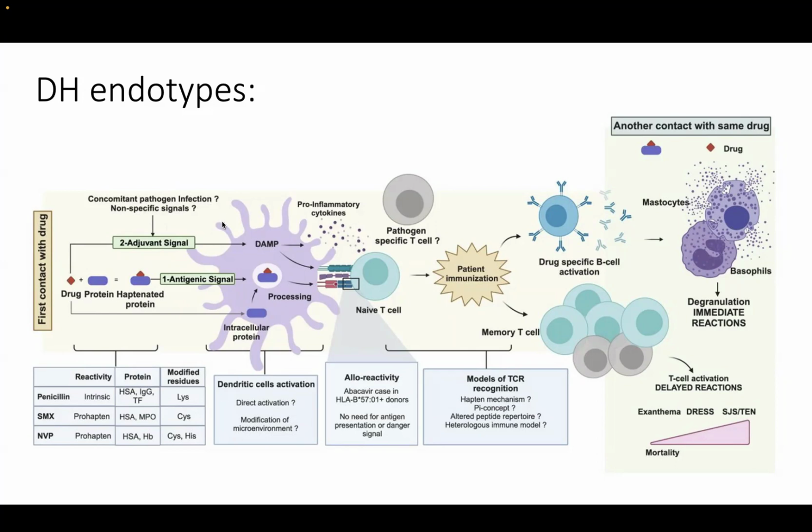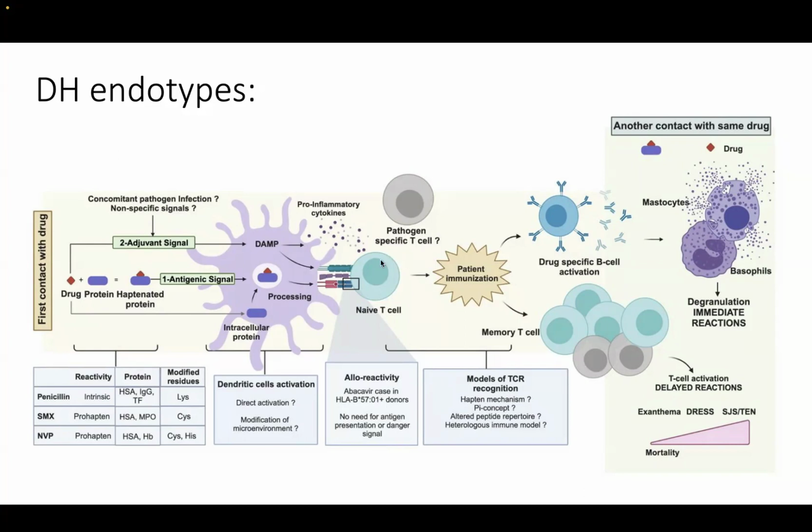This is a common cofactor, or maybe other non-specific signals not fully understood that has to be present, that will represent a damage or danger associated molecular pattern. So you have to have a danger signal to have this activation, and then the processing of the protein and presenting the protein on HLA or MHC on the antigen presenting cells to the naive T cell with the help of pro-inflammatory cytokines.